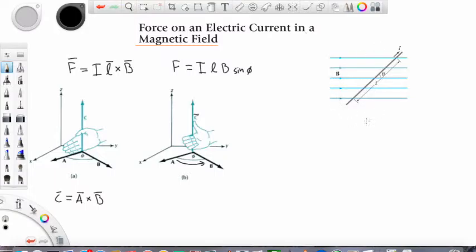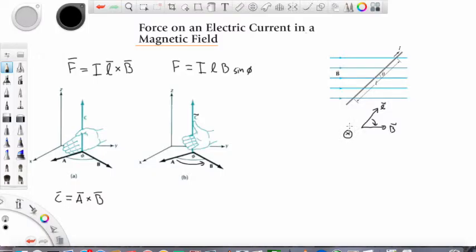In this situation, our L is directed like this. It's always in the direction of the conventional current, and the magnetic field vector B would be here. Now we want to evaluate the direction of F. So we have to cross L and B. To do that, we point our right hand fingers towards L, curl them towards B, and in this case our thumb ends up pointing into the screen.